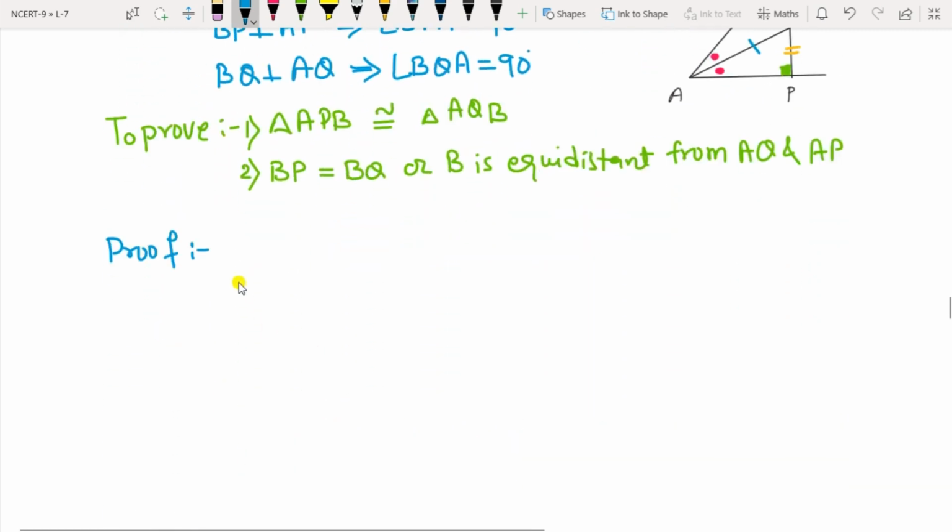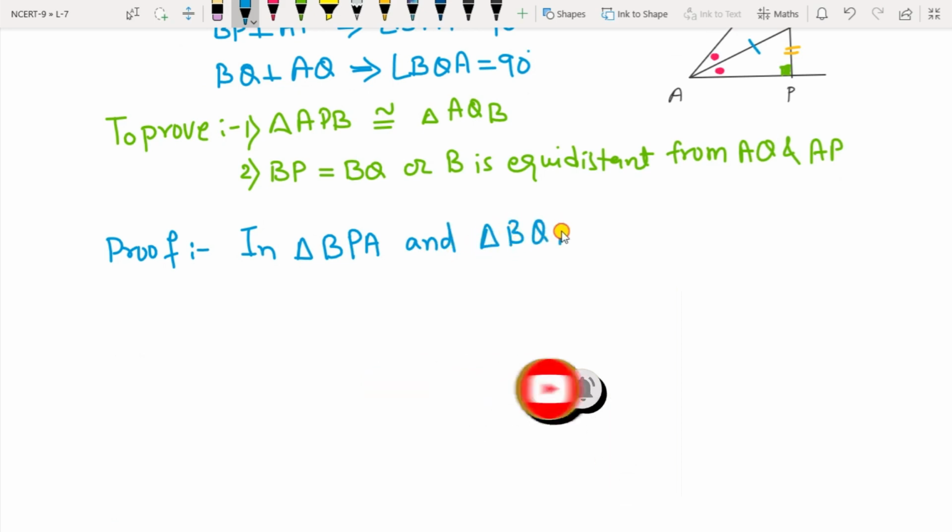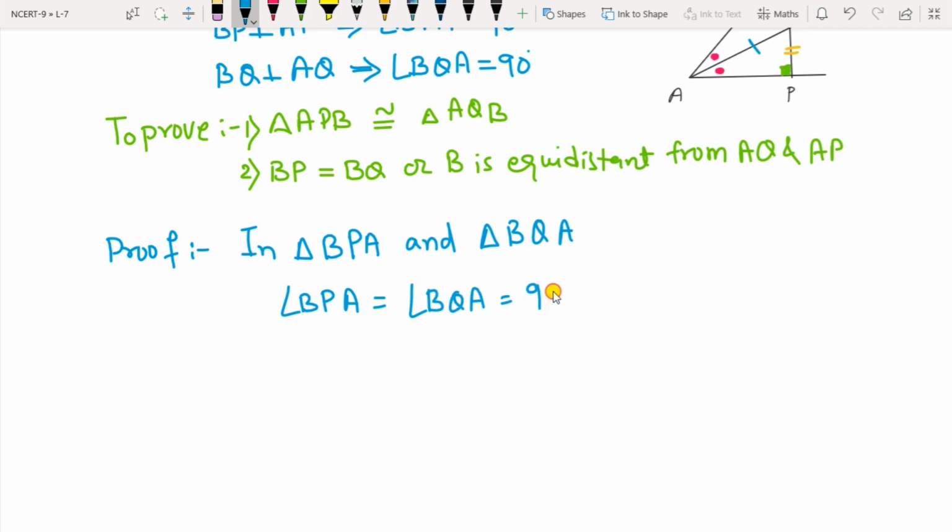So, in triangle BPA and triangle BQA, angle BPA is equal to angle BQA, that is given as 90. Q and P is given as 90, that is given.